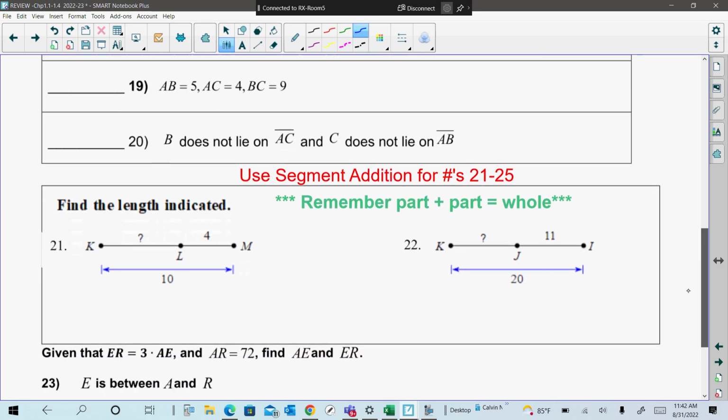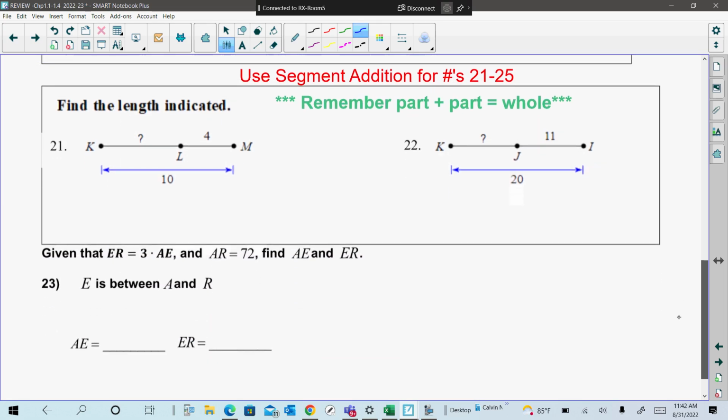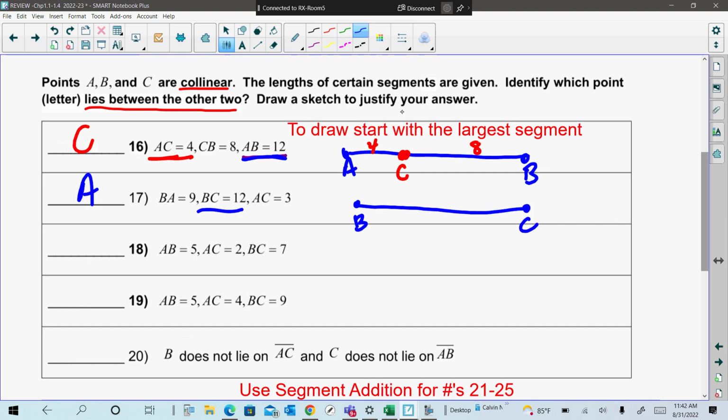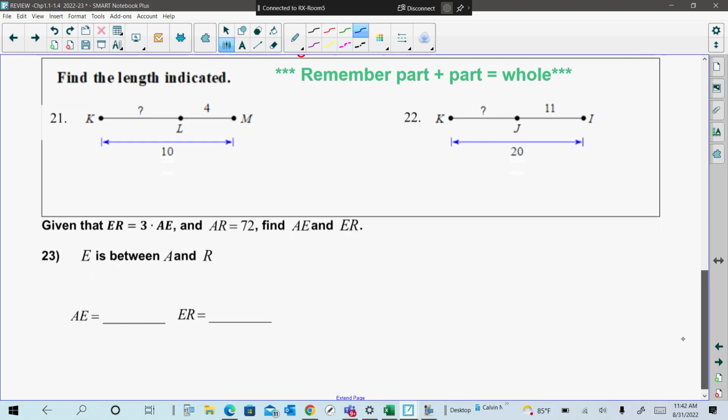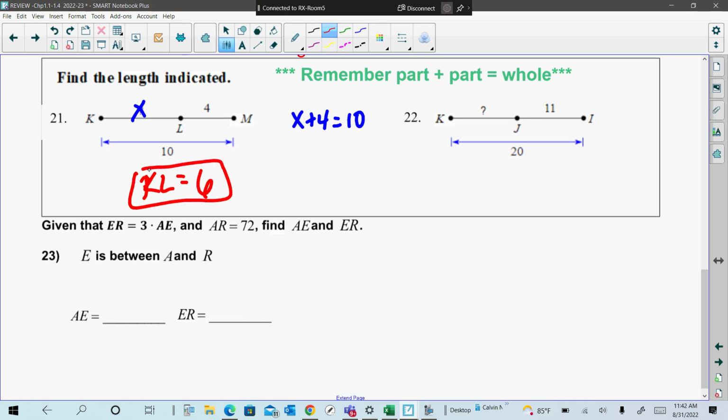Then when we get to sections 21 through 25, you're going to use segment addition postulate for that, which means you're going to do a part plus part equals whole. So I'm hoping 21 and 22, we can just figure it out and see it mentally. Okay, if you need to put an X there for that question mark, you can, and do X plus 4 equals 10, which is our part plus part, or I could see that mentally, this answer, the missing segment, KL, is 6 here, and then the missing segment for KJ.